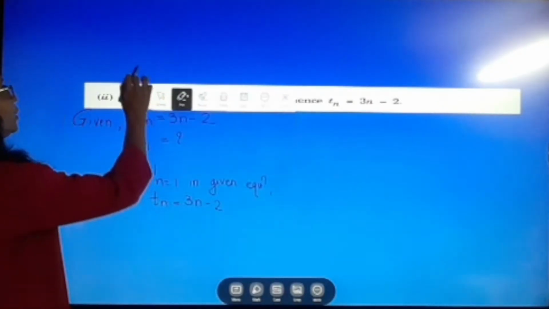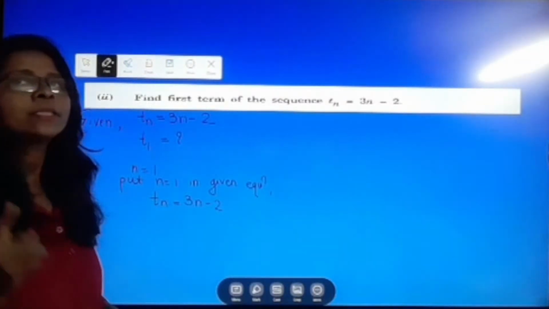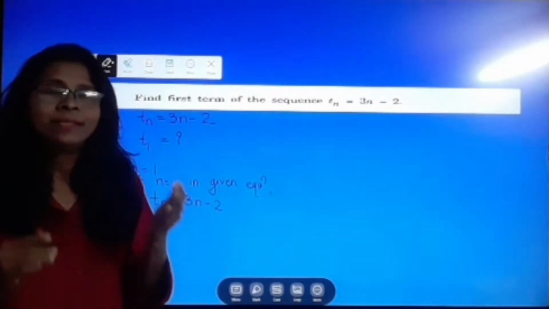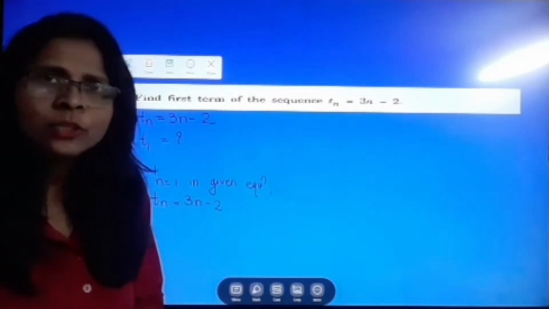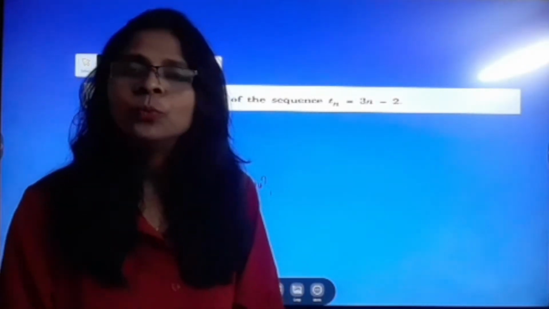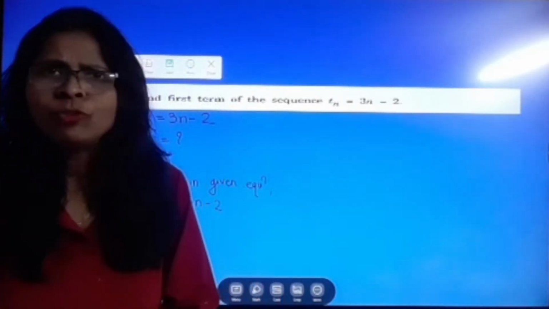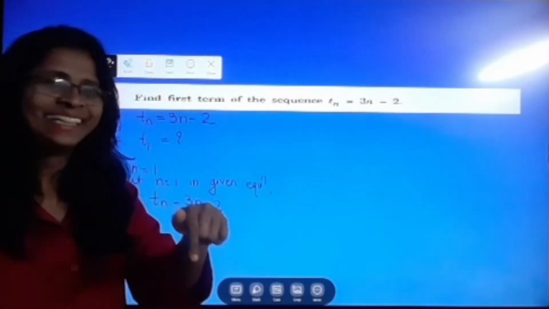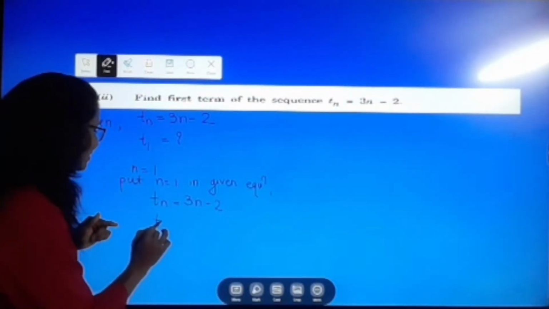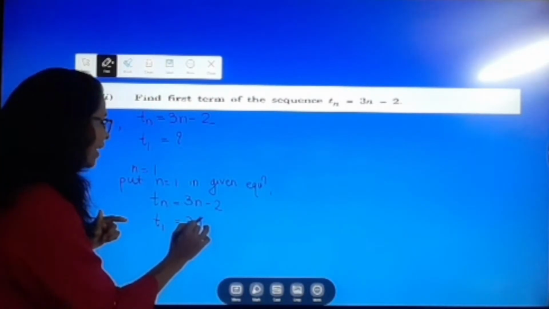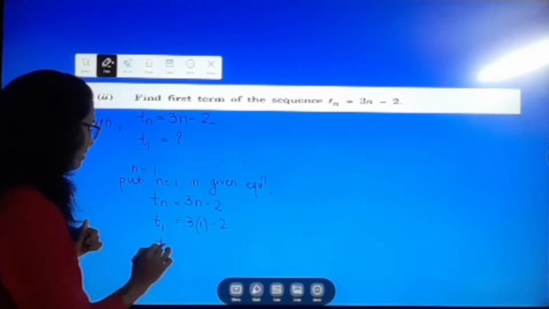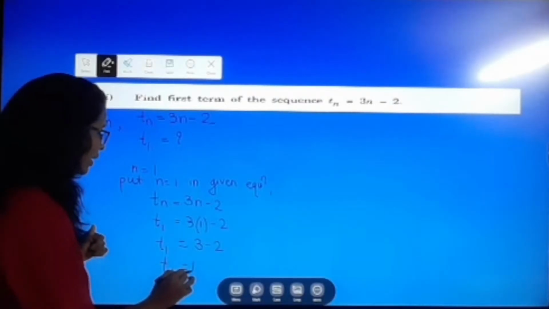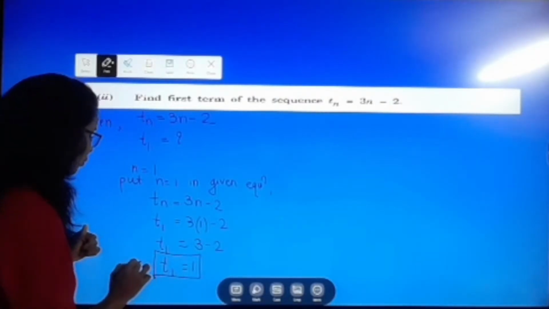That means wherever you see n, you put the value 1 there. So t1 is 3 multiply 1 minus 2. So t1 is equal to 3 minus 2. So students, t1 is equal to 1.